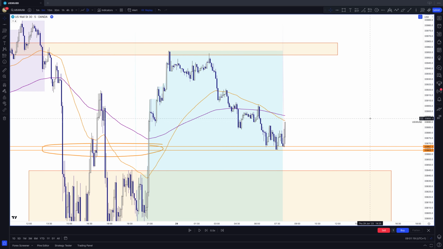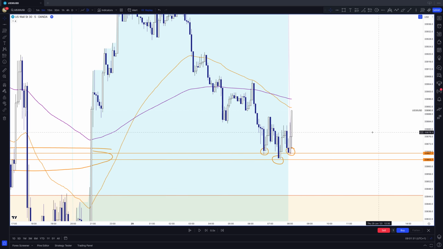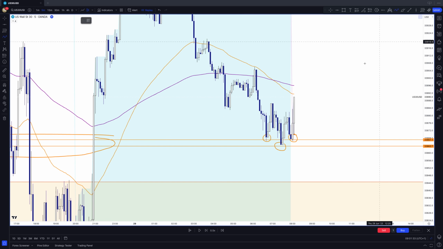Now around the open, I saw this mini inverted head and shoulders on the 5-minute, which is my trading time frame. I want to draw your attention to this. Can you see over here we had this low and this wick.